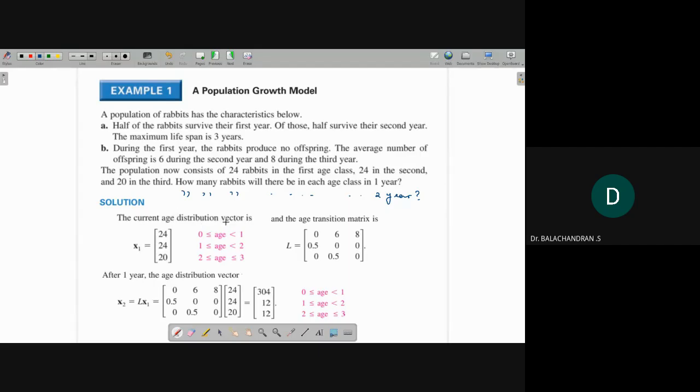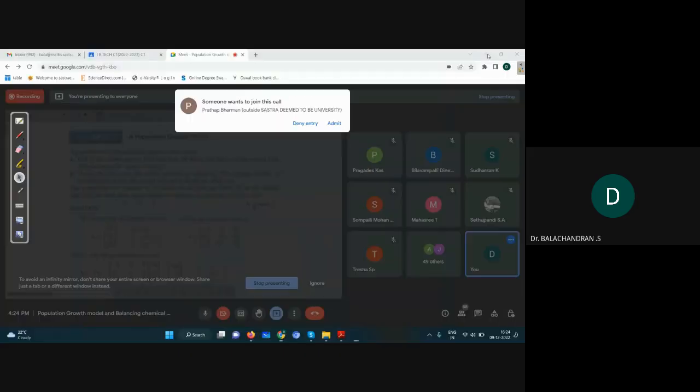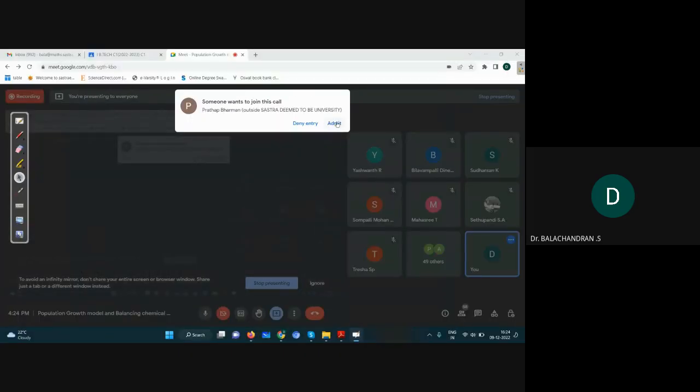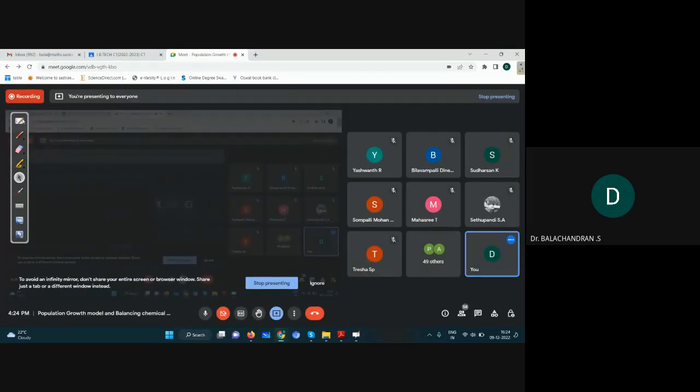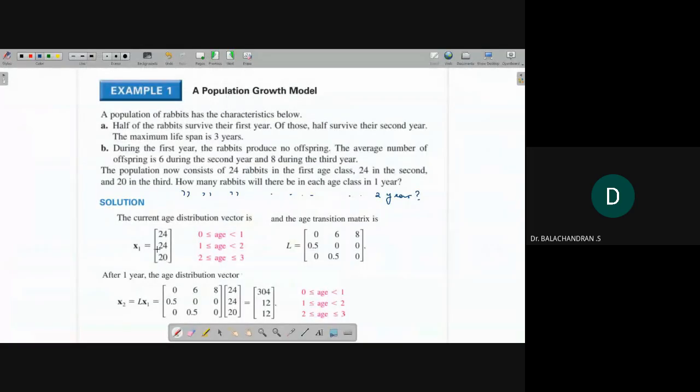The current age distribution vector is, you can see, x1 equals 24 because it is given in the question. This is the first age class.